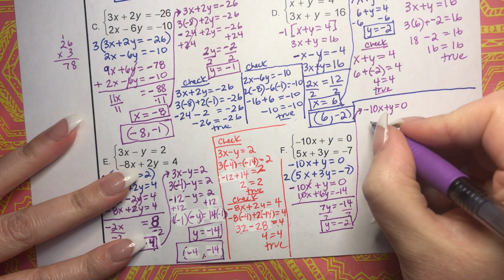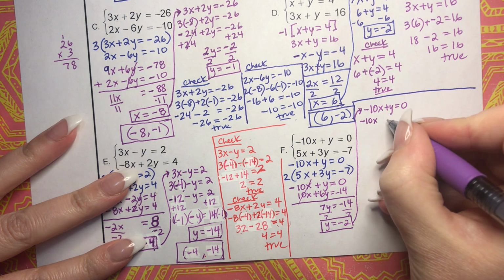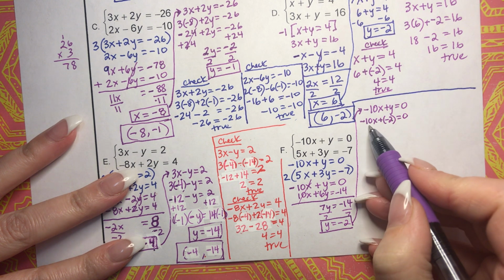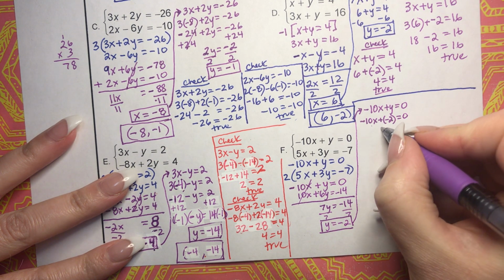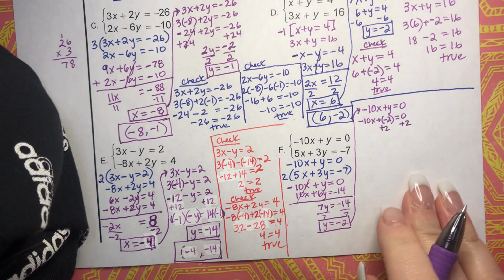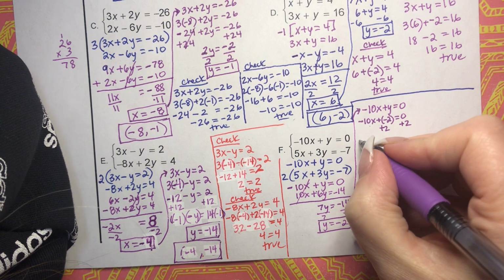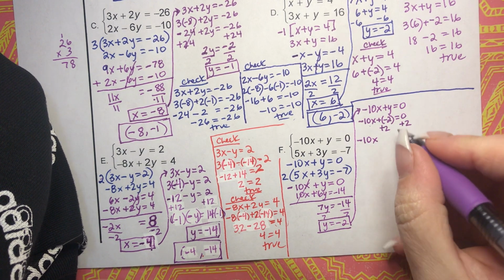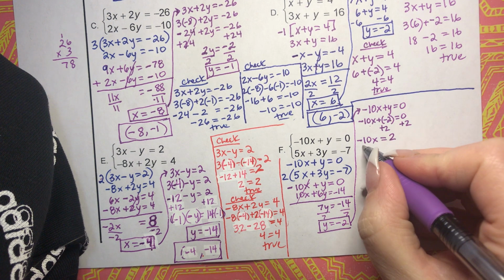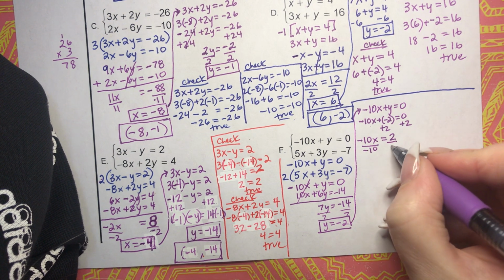So I'm sticking in negative 2 for y. Got to figure out what x is. So that's a negative 2. I'm going to add 2 to both sides. Oh man, this looks like it's not going to be fun. Negative 10x equals 2. Got to get x by itself, so divide both sides by a negative 10.